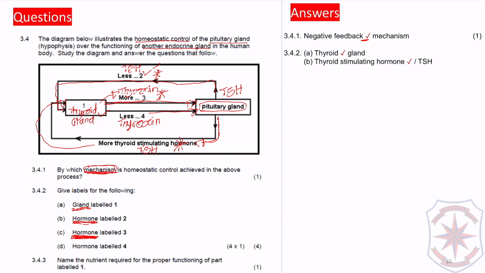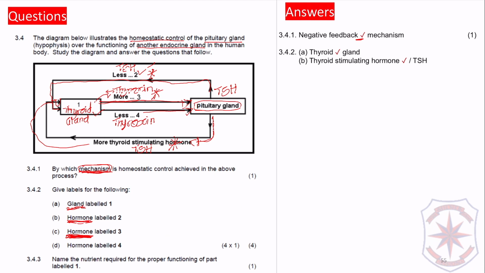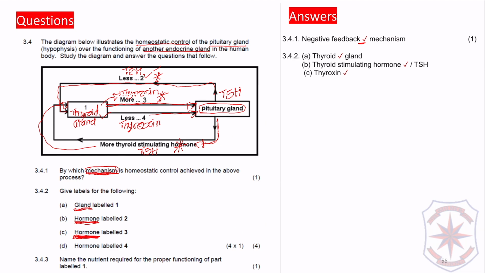Therefore, it is thyroxin. And lastly, D, hormone numbered 4. Hormone numbered 4 is also secreted by gland 1, which is the thyroid gland over there. So that hormone is also thyroxin.